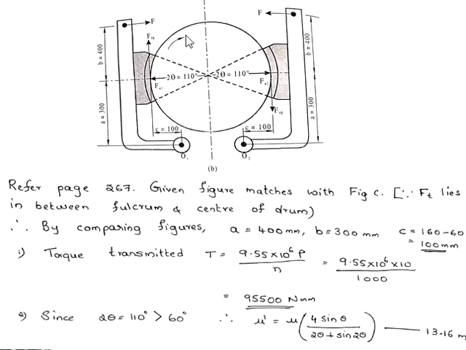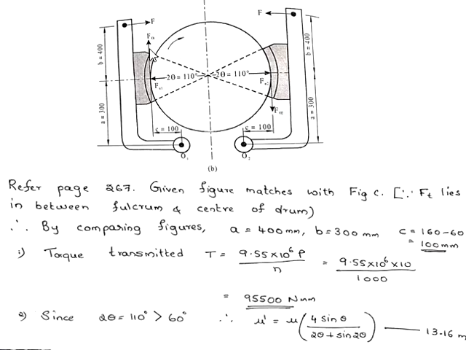Here the drum is rotating in clockwise direction, so the direction of Ft will be this one, and here the direction of Ft will be towards downward, and Fn1 and Fn2 will be acting from the center of the drum towards the shoe.